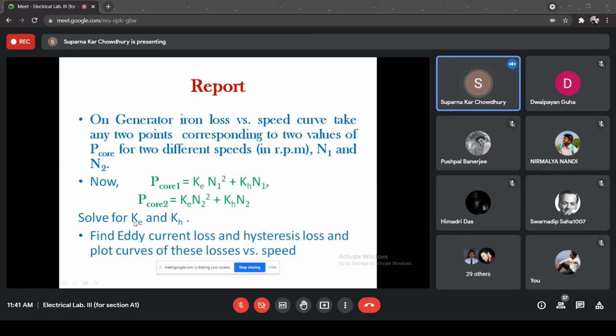Finding the constants, we can calculate the hysteresis and eddy current loss separately, and we can get the curves. Now, if you plot versus the speed, the hysteresis loss will be linear because it is linearly proportional to the speed, but the eddy current loss is non-linear because it is proportional to the square of the speed.